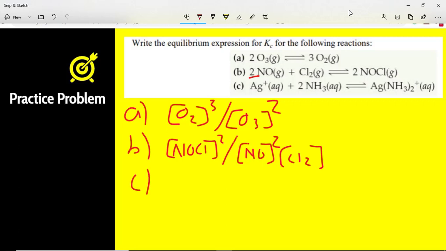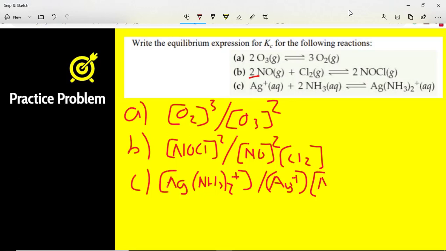A little bit more complex chemicals, but the concept is exactly the same. All right, pretty straightforward there.